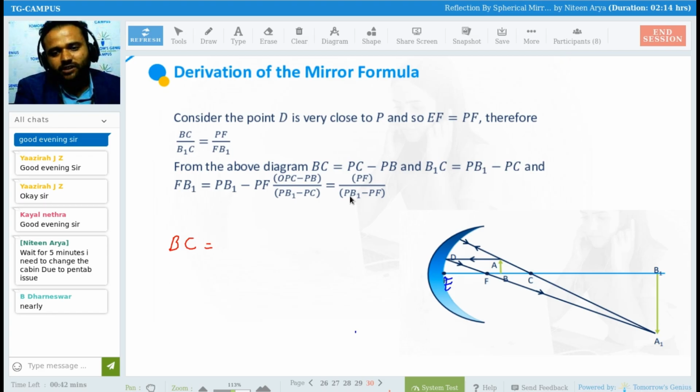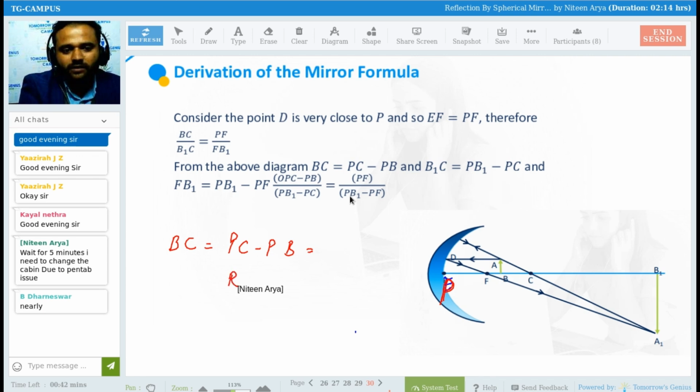From the above diagram, BC is going to be PC minus PB, which is R minus F. So BC is PC minus PB, which is R minus F. If I make this P, as usual, PC is R, and PB is the object distance.